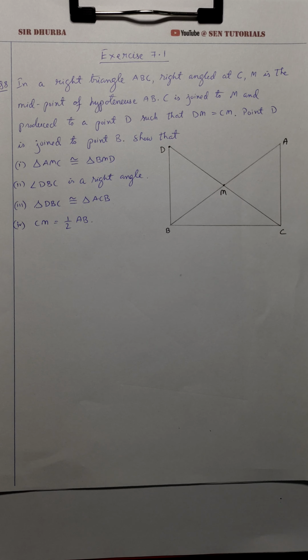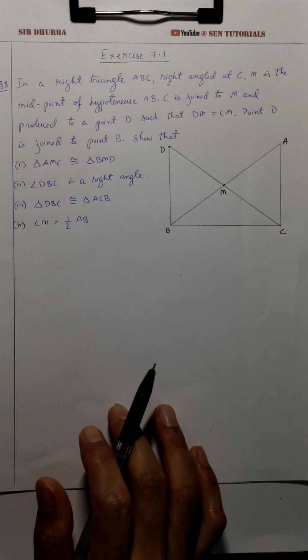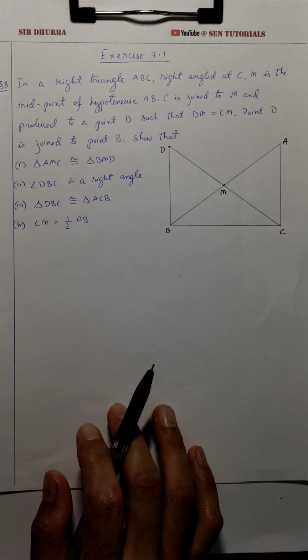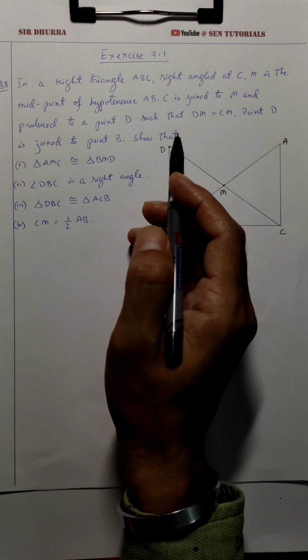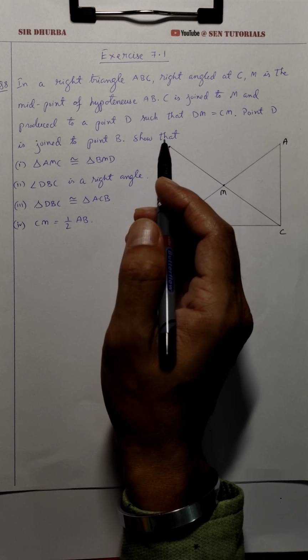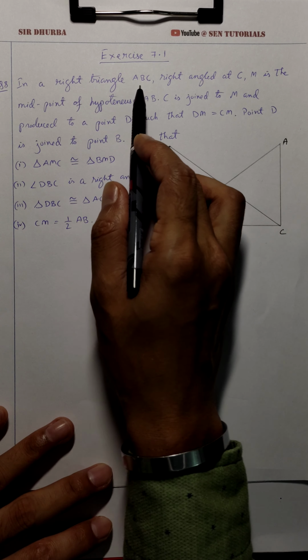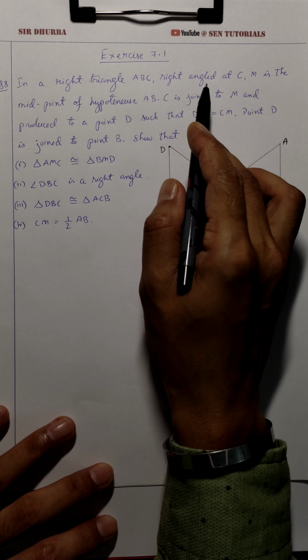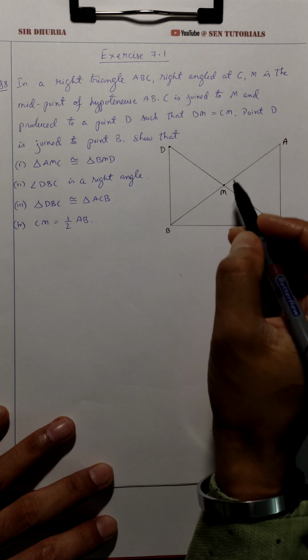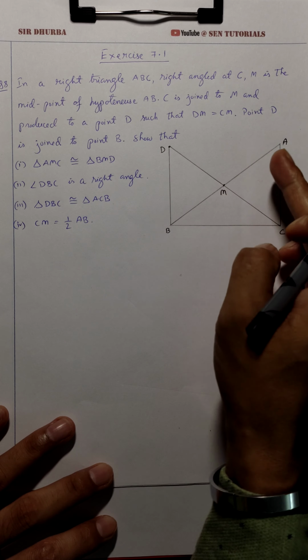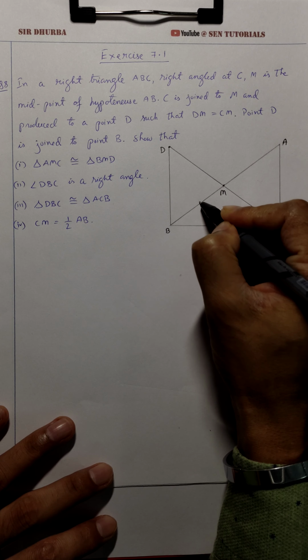We have two more questions to be solved from exercise 7.1. So the first question is, let's get straight to the question. That is, the first question is question number 8. In a right triangle ABC, right angled at C, M is the midpoint of the hypotenuse AB. So these two sides are going to be equal.